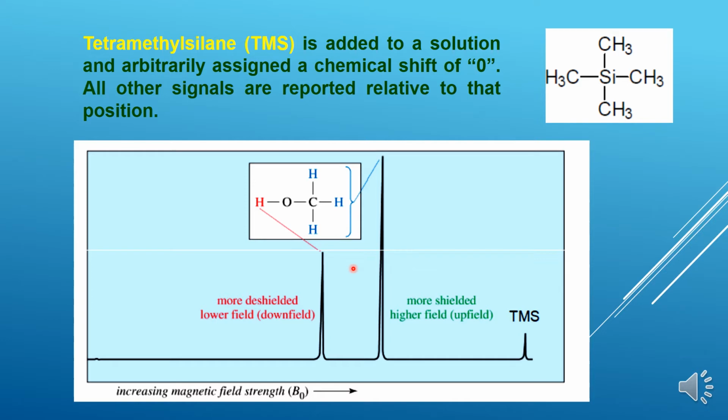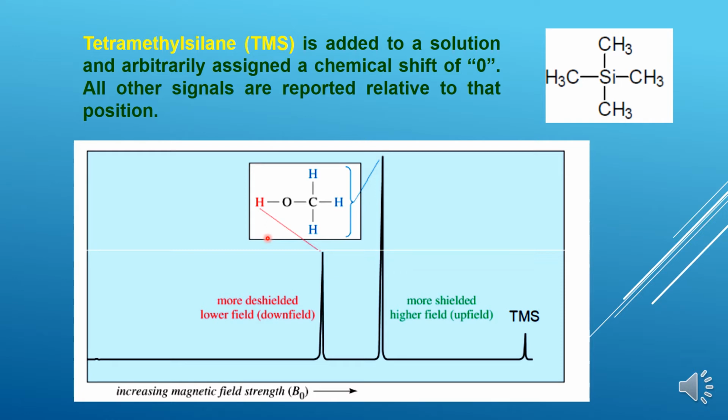Methyl protons are observed at higher field or upfield regions, and the hydrogen attached to the oxygen, the hydroxyl proton, is more de-shielded and is observed at lower field or downfield regions, with reference to tetramethylsilane.